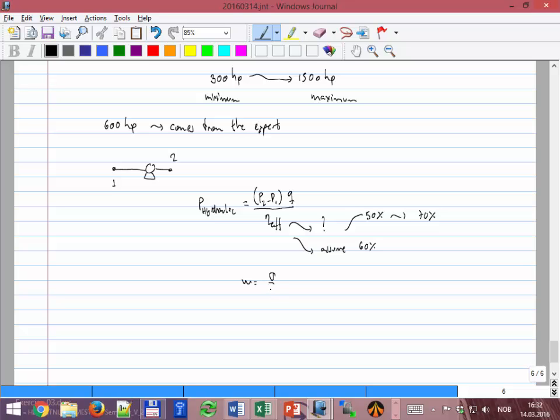Joules per second, and joule is Newton meter, and Newton is kilogram meter per second squared. So we have P in pascals times rate in cubic meters per second. Pascals is Newton per square meter, and yes, I get exactly joules per second, okay? So I have to multiply in pascals, and the rate has to be in cubic meters per second.